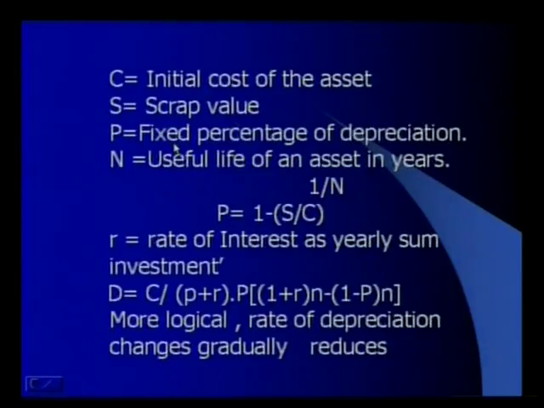In this one we can see C is the initial cost of the asset, S is the scrap value, P is the fixed percentage of depreciation, and N is the useful life. We can find out P, the fixed percentage of depreciation, by using 1 minus S by C whole to the power of 1 by N. So depreciation we can find out by C into P into 1 minus P whole power N minus 1.